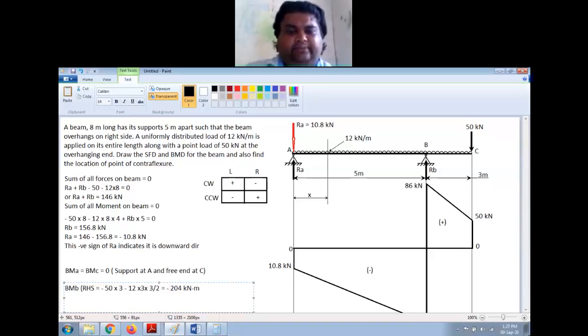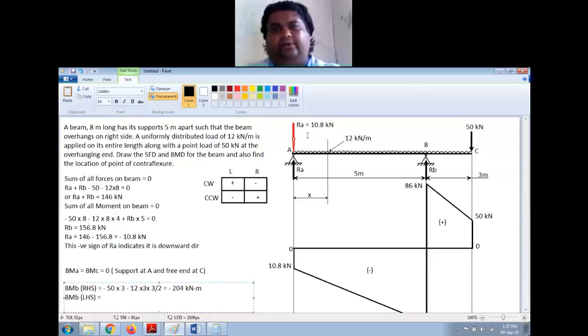Okay. So this is the bending moment at B, considering the right hand side. Now let me check it from the left hand side also. If I get the same, then there is no problem. Then the entire BMD will be negative. So BM at B LHS is equal to, now I have reaction RA which is pointing downwards like this.